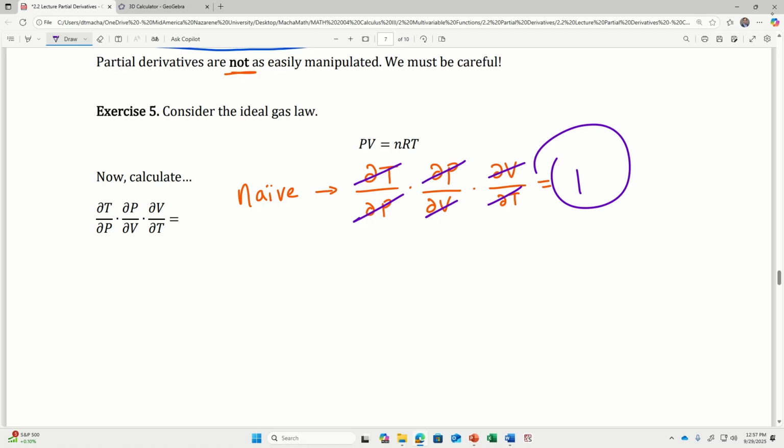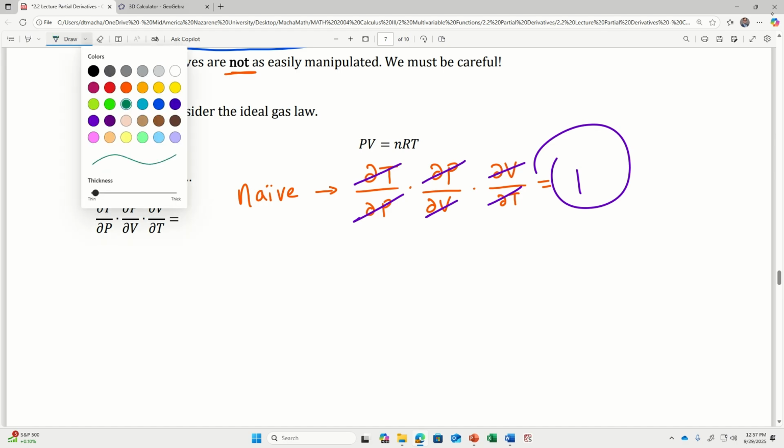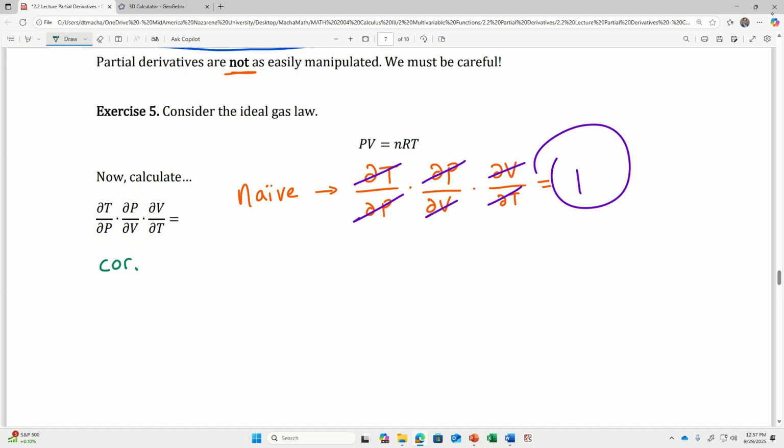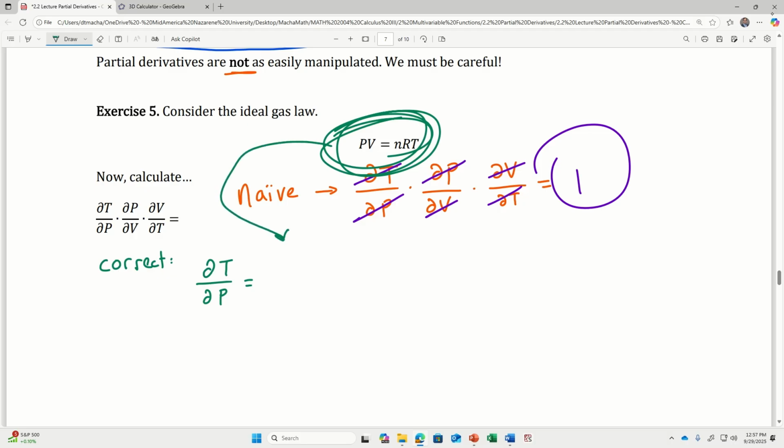With the partial derivatives, the way that this actually goes is we say that the partial derivative of temperature with respect to pressure, we've got to look at this equation here, my ideal gas law, and think about it.